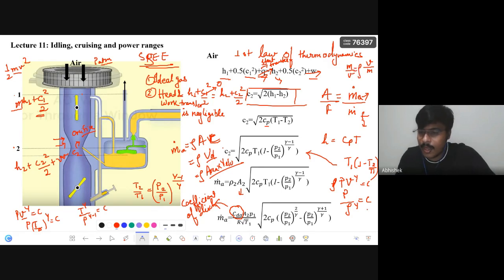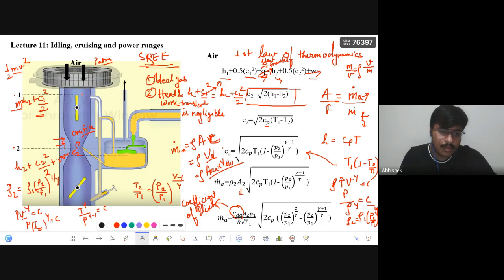So P by rho to the power gamma is equal to constant. From there, I calculated what is rho 2. Rho 2 is rho 1 into P2 by P1 to the power 1 by gamma.